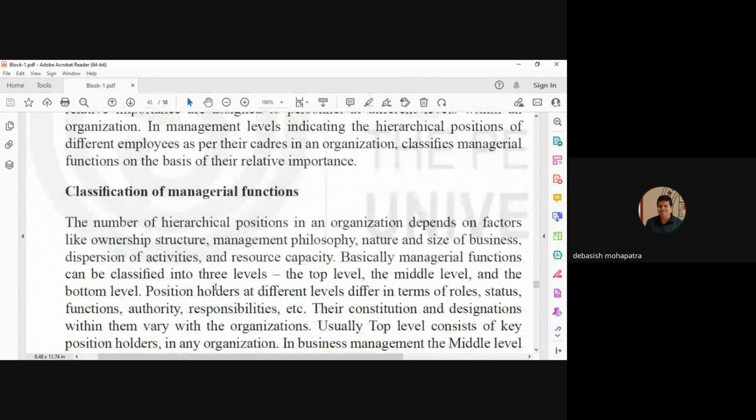Then classification of managerial functions. The number of hierarchical positions in an organization depends on factors like ownership structure, management philosophy, nature and size of the business, dispersion of activity and resource capacity. Basically, managerial functions can be classified into three levels: the top level, middle level and the bottom level.